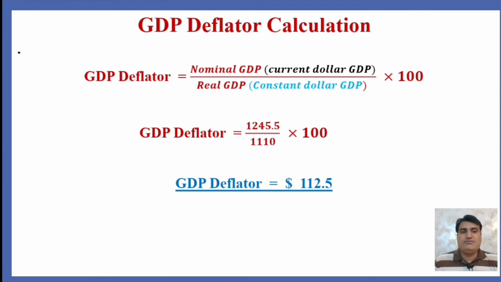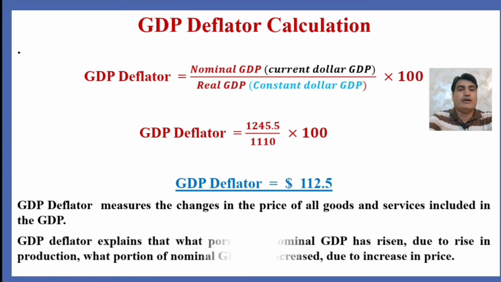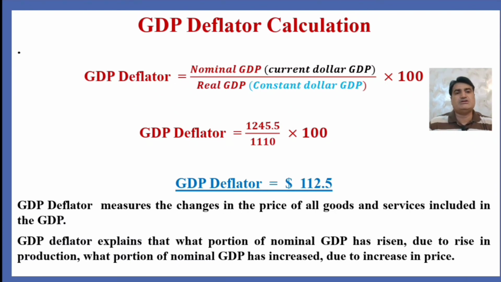It means the price level has risen from 100 to 112.5, so the rate of rise in price is 12.5%. The GDP deflator measures the changes in price of all goods and services included in GDP. It explains what portion of nominal GDP has risen due to a rise in production and what portion has increased due to an increase in price.